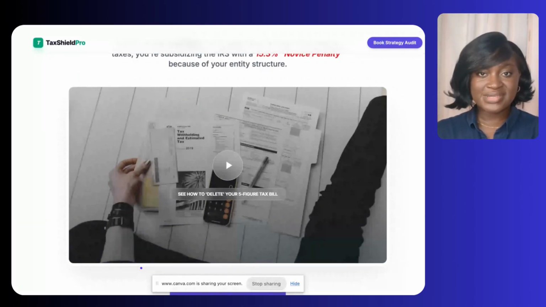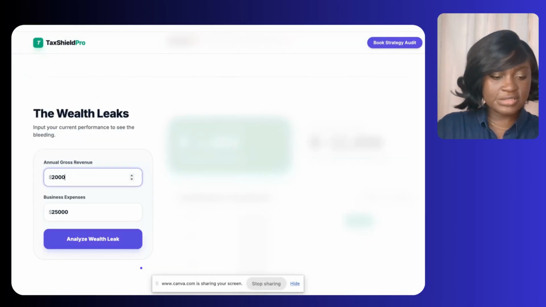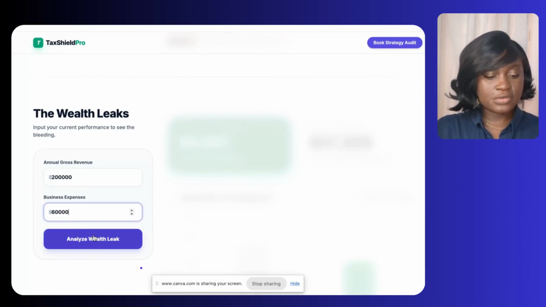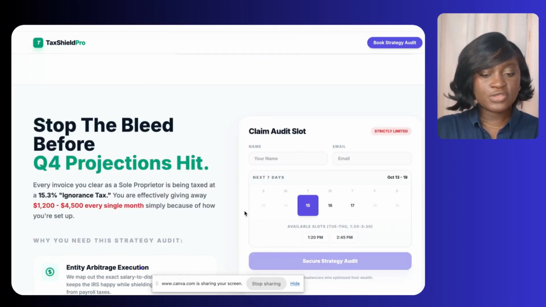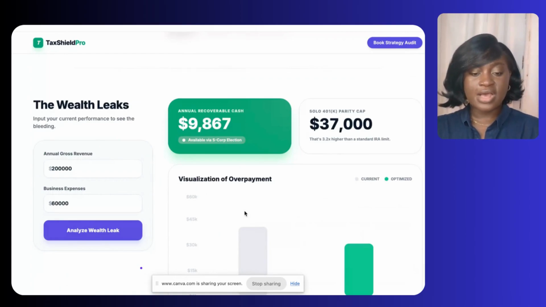So let's input some numbers and get our analysis. Let's say this is 200,000 and my business expenses are about 60,000. Analyze. Immediately we're getting our analysis. You're seeing your annual recoverable cash, and how that is possible, available via S-Corp election.